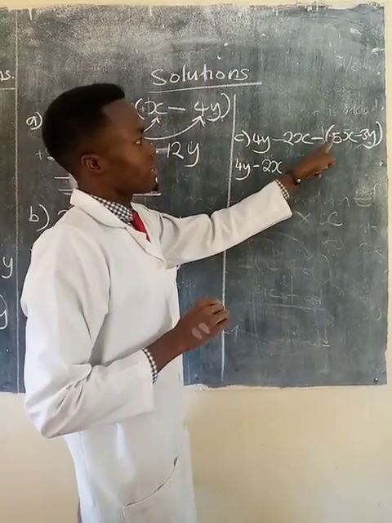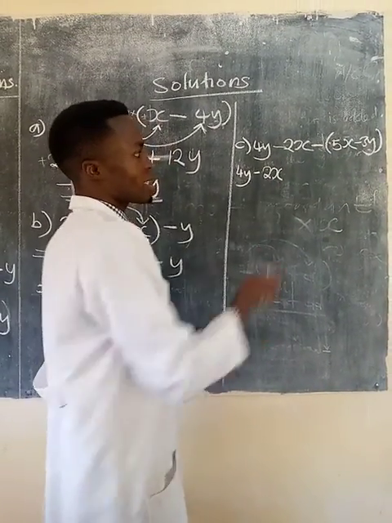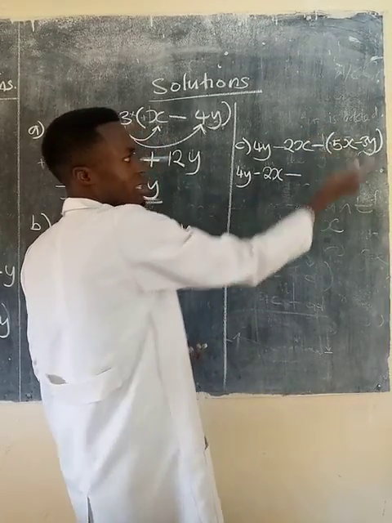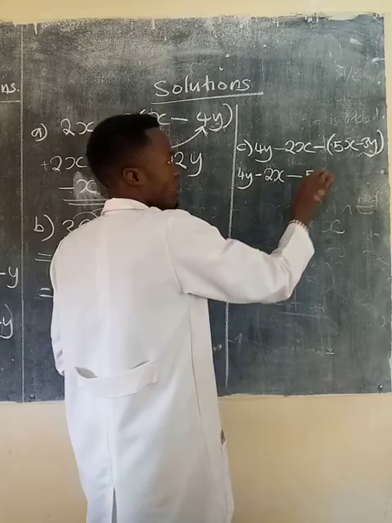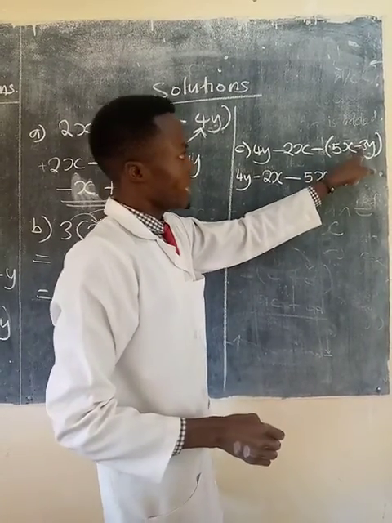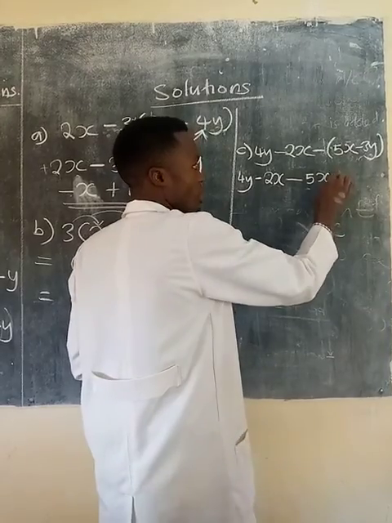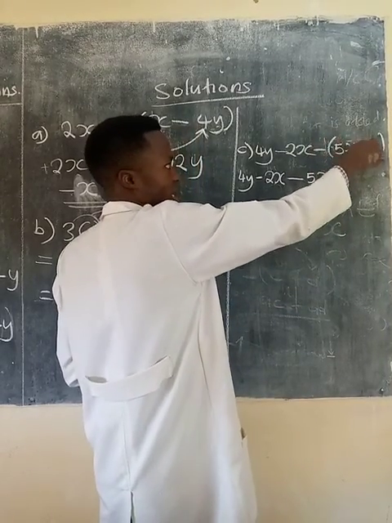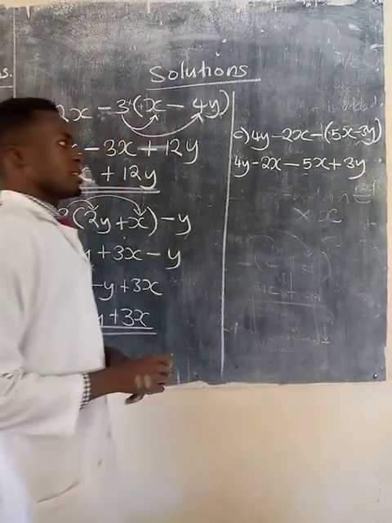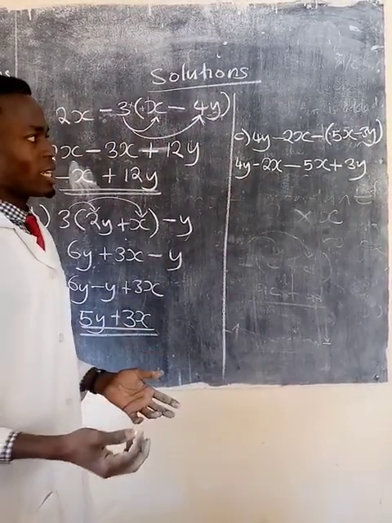So negative times positive will give us a negative. Then we know there is a 1. 1 times 5 is simply 5x. We go to the next one there. Negative times negative will give us a positive. Then there is a 1 there. 1 times 3 will give us a 3y. Like that. Then from there we can group up the like terms together.